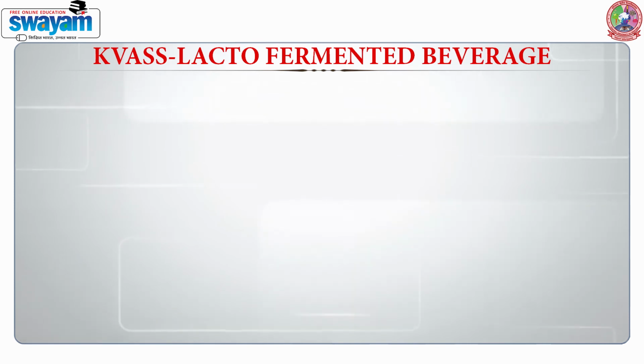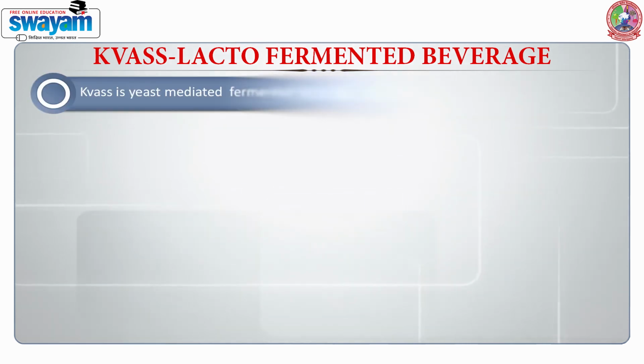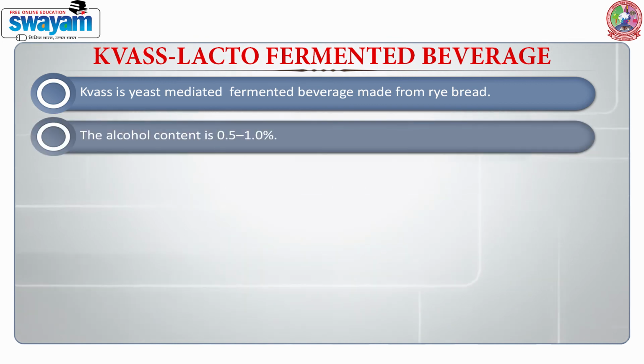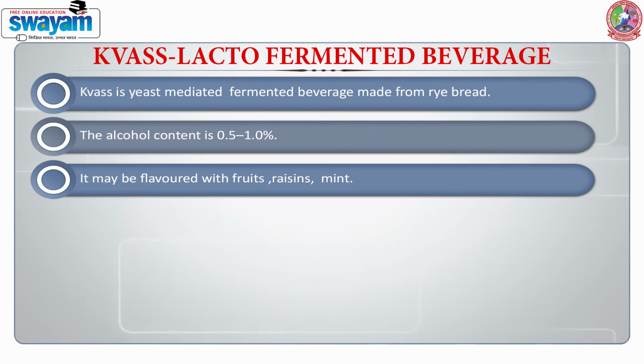Kvass is a lacto-fermented beverage. It is primarily fermented by the action of yeast, and the substrate utilized is rye bread. The alcohol content is 0.5 to 1%. The interesting feature is that it can be flavored with fruits, raisins and mint.